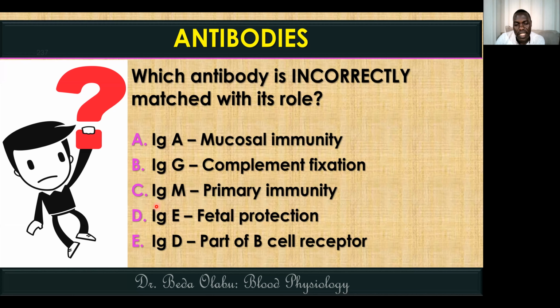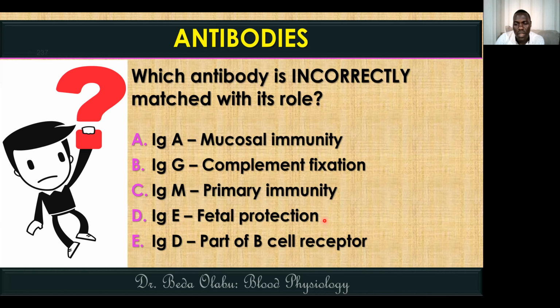Immunoglobulin E is the least amount of immunoglobulin found in the circulation. The percentage is the least in the circulation. This one usually mediates allergic reactions by binding to mast cells and basophils. I believe you've done things about hypersensitivity reactions, and so you know about type 1 hypersensitivity reaction, where immunoglobulin E is particularly involved.